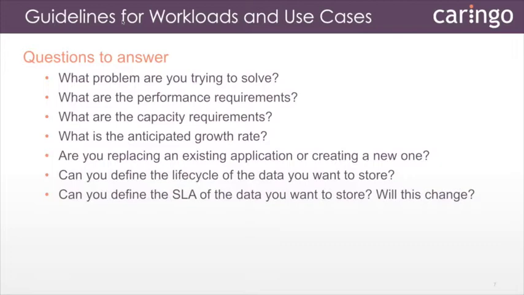Are you replacing an existing application or creating a new one? This will help you determine the correct integration method. If you're replacing an existing application, chances are you'll want to use some sort of file system gateway or one of the gateway vendors out there. If you're creating a new one, the best way, the most efficient way, most optimal way is always to write to a vendor's proprietary API.